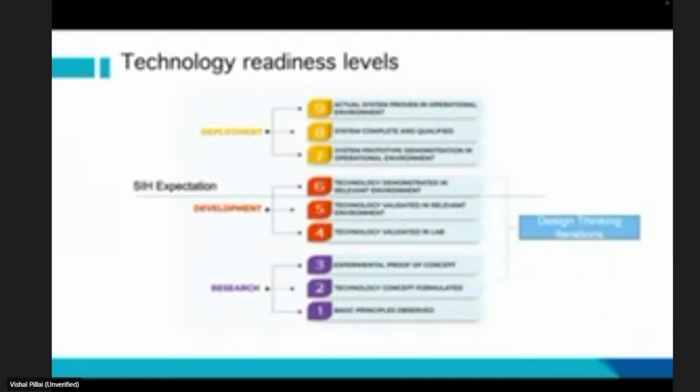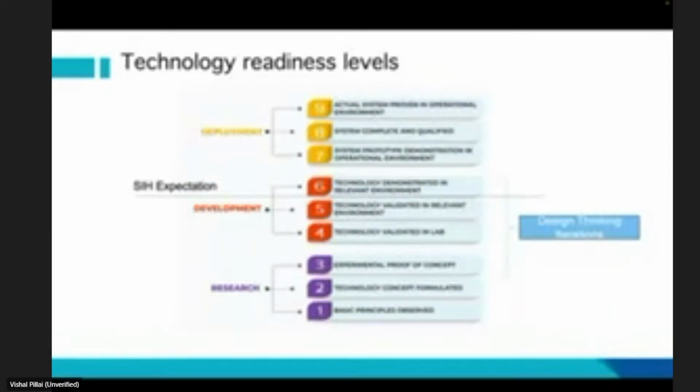In technology readiness levels 1, 2, 3, the basic principles are observed at level 1. Second is where you form a technology concept. Now this is just a concept, how you are going to solve that problem. The third point is where you have an experimental proof of concept.